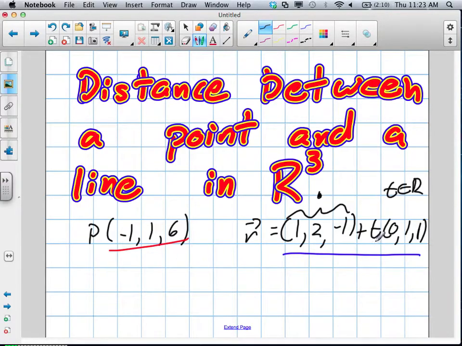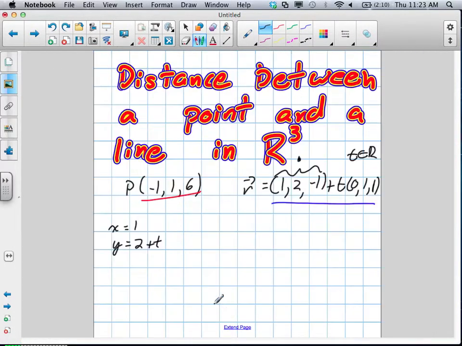So in order to find another point, I'm going to put it into parametric form. So x is equal to 1, y is equal to, what do we got here? 2 plus t, and z is equal to -1 plus t. Okay? So we're just going to choose an arbitrary t value, and that way we can find what the rest of our things are going to be.